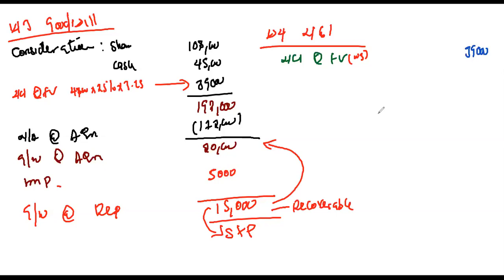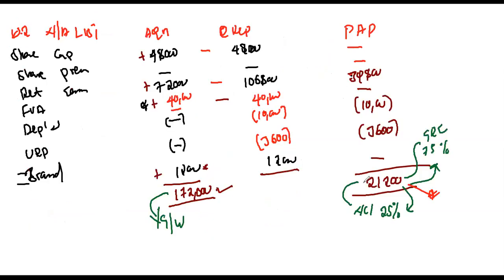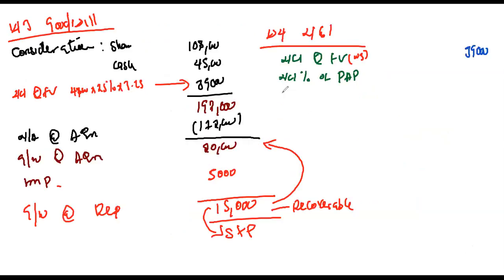That was our NCI at fair value. Now we're going to say NCI percentage of PAP, post-acquisition profit. You see, the 21,200. The NCI percentage is 25%, so they get their share.